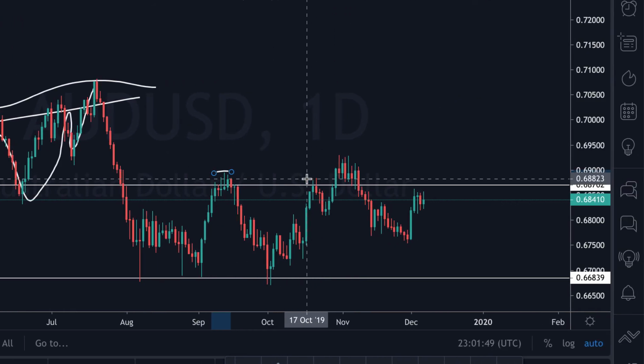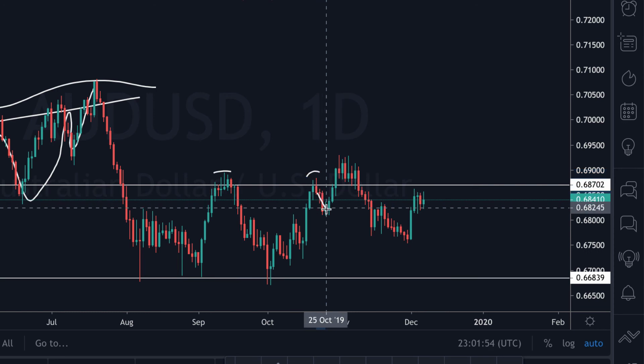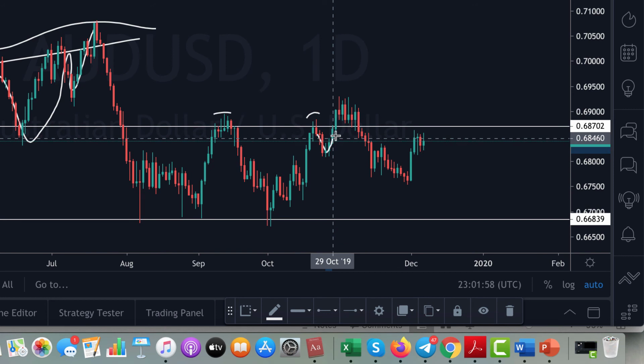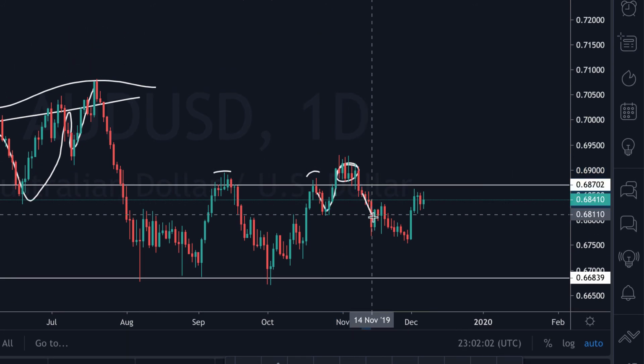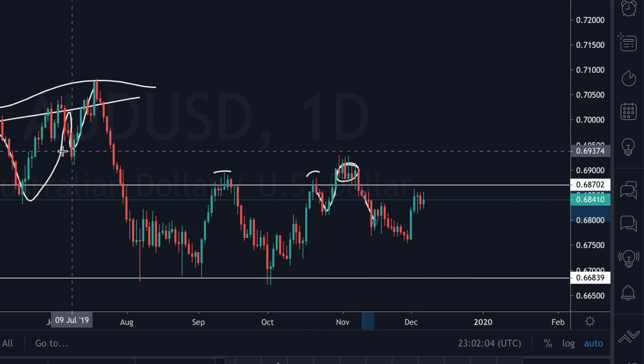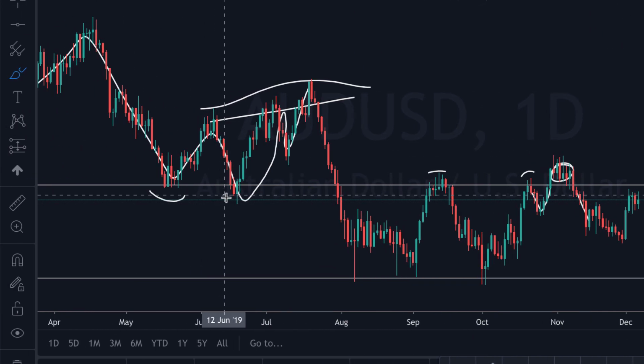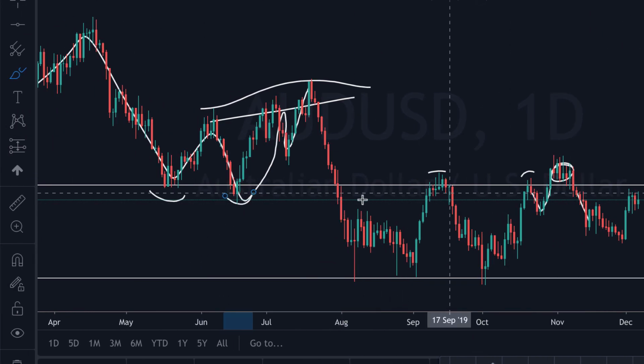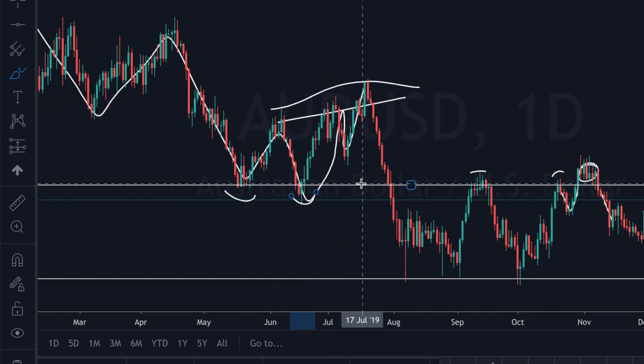There, that, and that. Now this wasn't a huge retracement, but the price did hold that point for some time, and then here it sort of created a fake breakout, and then continued to go down. And again this was a bit of a fake breakout as well. But the area is easily spotted.